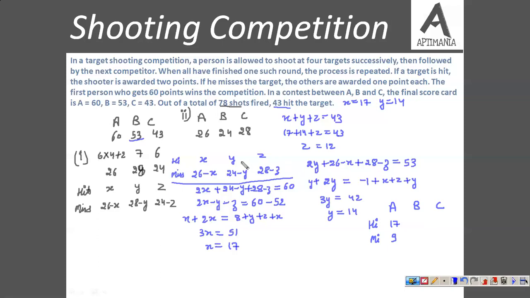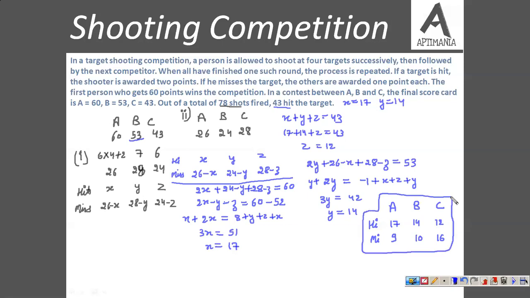B hits y number of targets, so 14 was hit by B and he misses 24 minus y, that is 10. C, z is 12. Fine. And he misses 28 minus z, that is 16. Fine. So this is the final table that we needed.